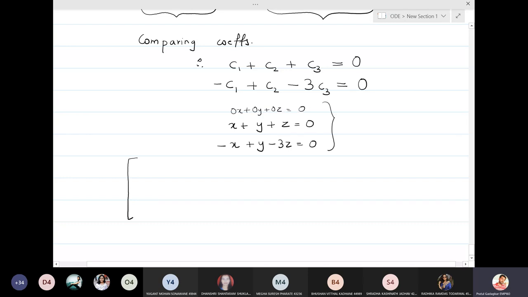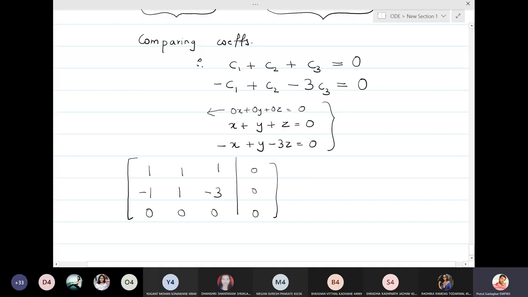So three equations and three unknowns, because 0 into x plus 0 into y plus 0 into z is always 0. I'll write the three equations in the form of an augmented matrix. The second row is minus 1, 1, minus 3, and the third row is 0, 0, 0 with 0 here. This is the third equation, all 0, in augmented form.